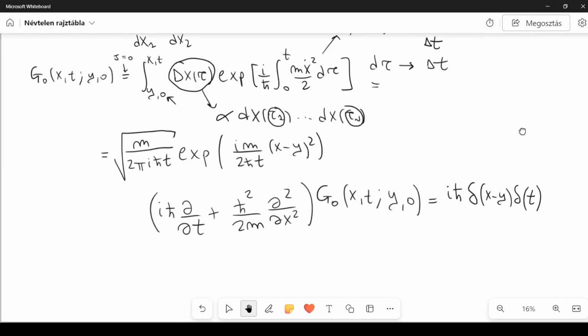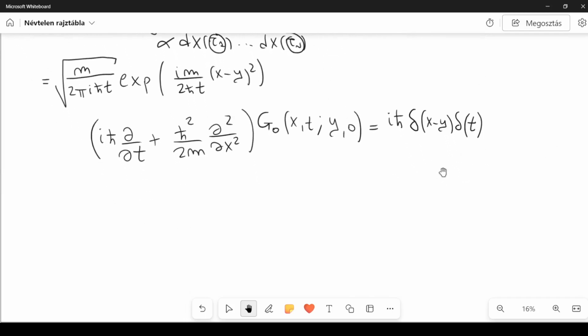Simple as that. So I will not go through all the steps, but the idea is that if you integrate this equation, the simplest way is to Fourier transform it. So you go from the variable x minus y to the variable p, then you go from the variable t to the variable omega.